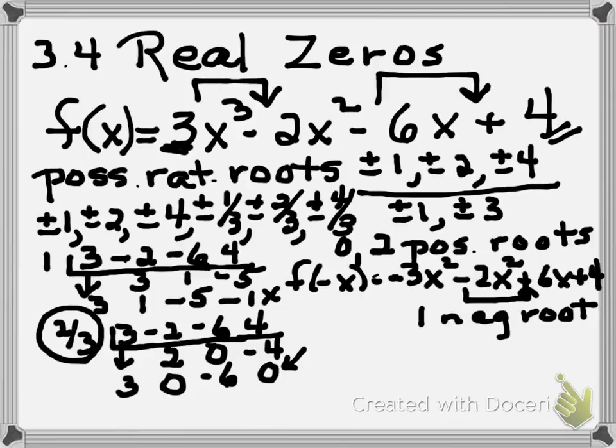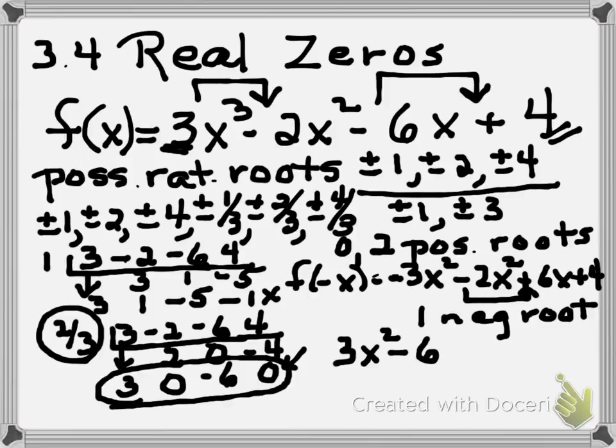Now, I can take what I have in this bottom row here, and I can make a reduced form, because I know that x minus 2/3 would divide in and give me 3x squared minus 6. This is your x squared term, this is your x term, this is the constant, and this is the remainder.